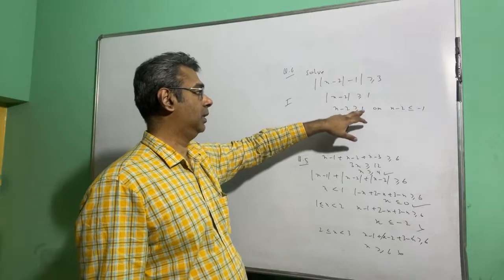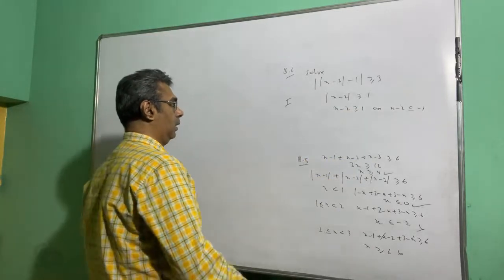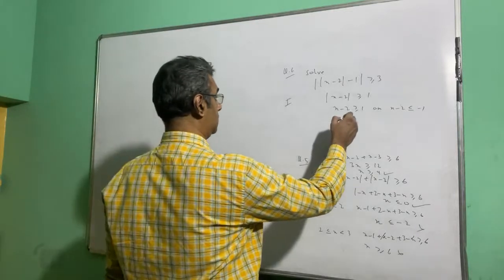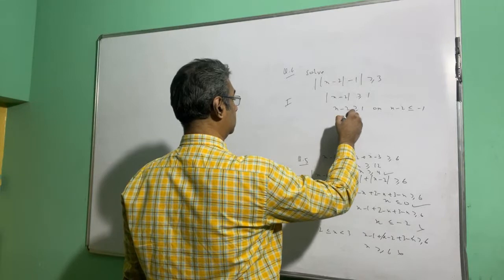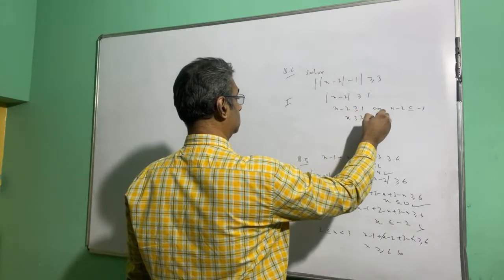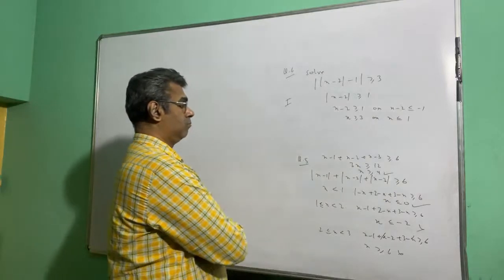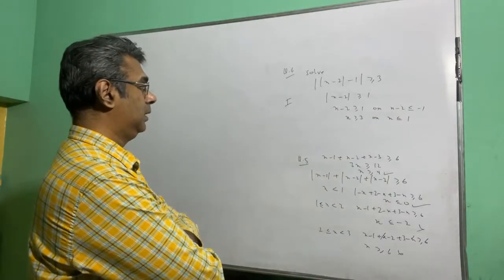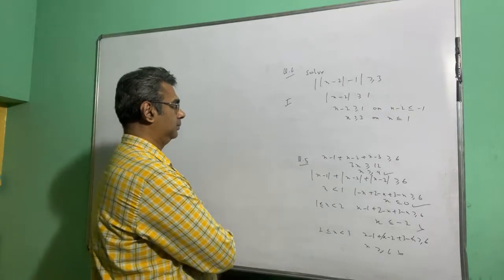So x minus 2 will be greater than or equal to 1 or x minus 2 will be less than or equal to minus 1. So x will be greater than or equal to 3 or less than or equal to 1.